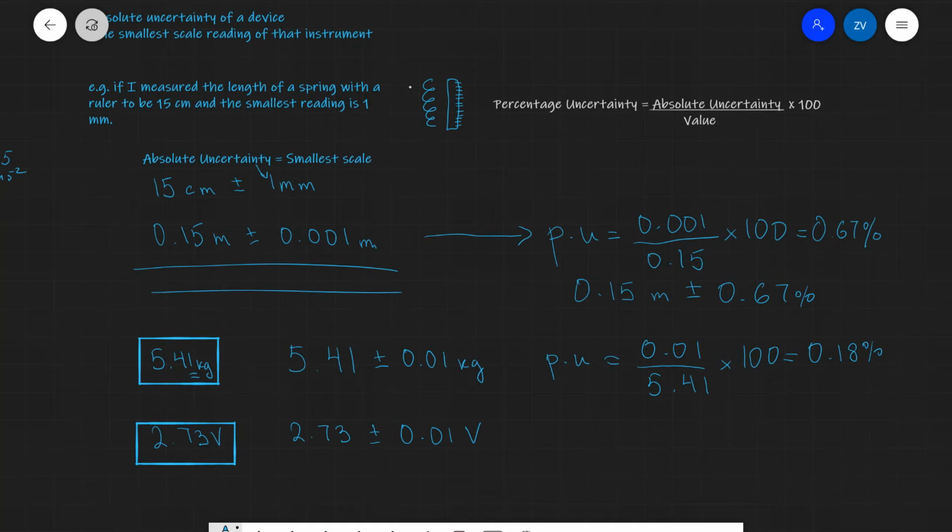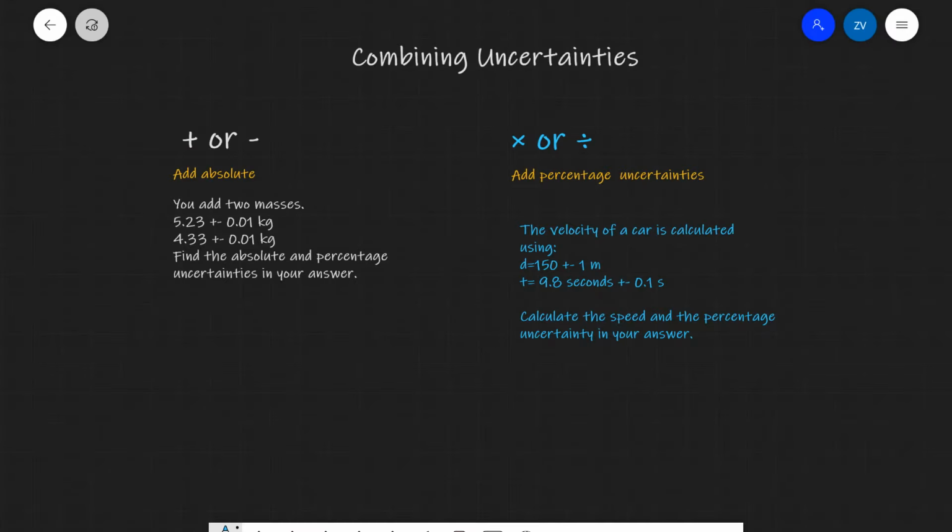So this is a tiny percentage uncertainty value. And this is how we calculate them. All we need to do is take the absolute uncertainty divided by the value and then multiply by 100. How do we actually combine uncertainties? Most physics formulae involve more than one variable.